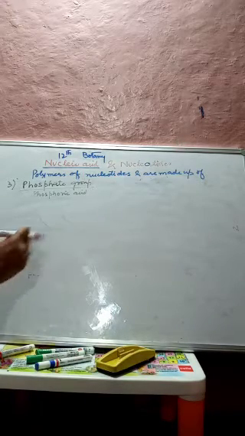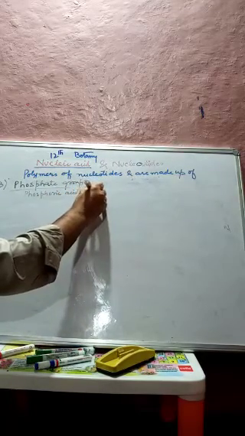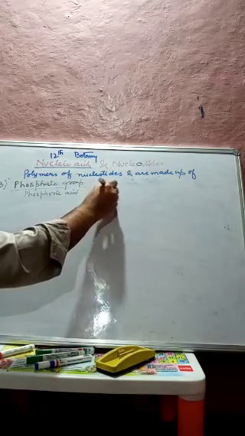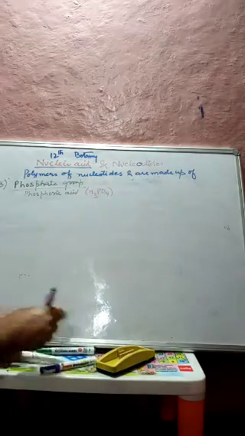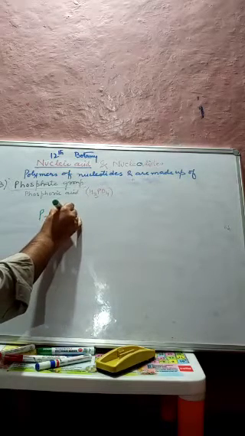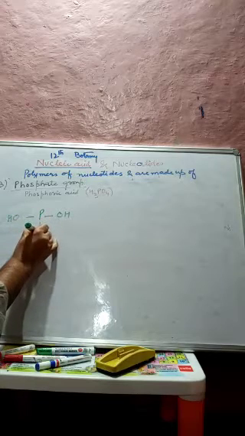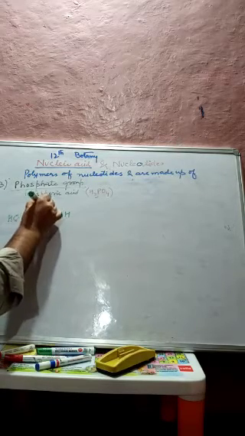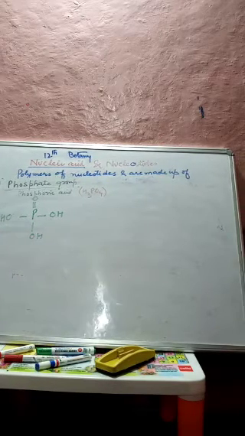It is H3PO4. Draw the structure of this. This is P, this is hydroxyl group, this is hydroxyl group, this is hydroxyl group, and this is oxygen. So this is the structure of phosphoric acid.